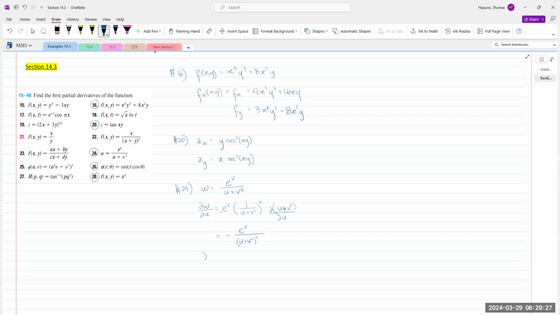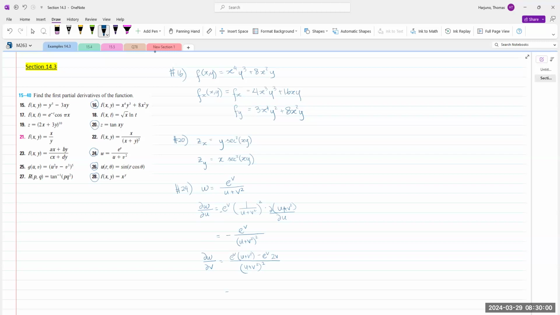While the partial with respect to v, I think I need to do the quotient rule now, right? This will be u plus v squared, squared at the bottom. Okay, on the top, that will be e to the v times u plus v squared minus e to the v times 2v.